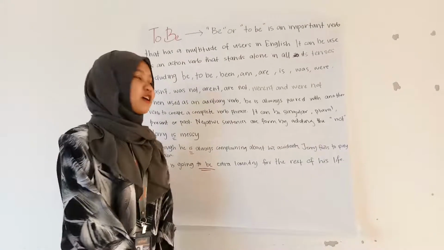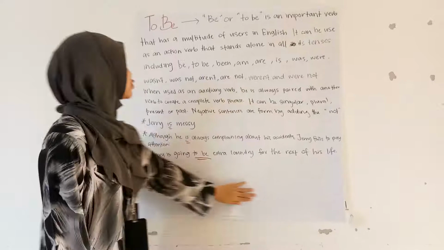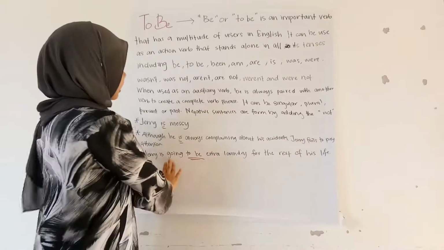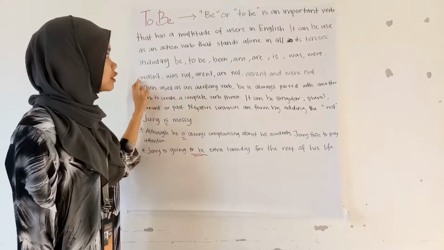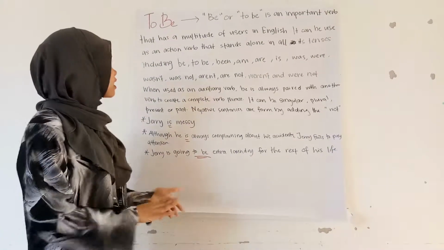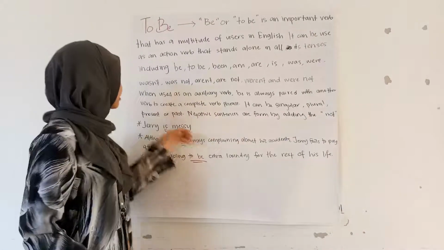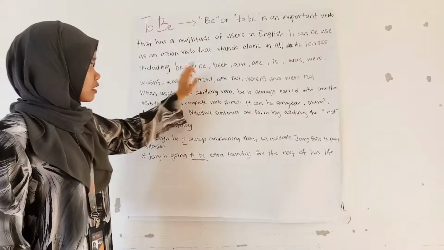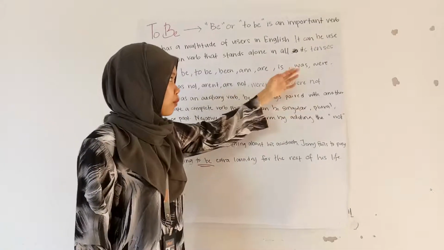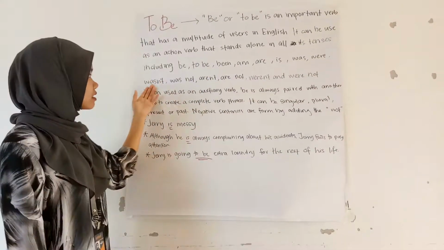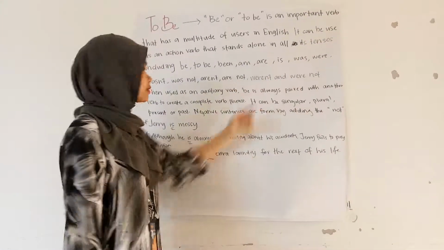So the next auxiliary verb is to be. Be or to be is an important verb that has a multitude of uses in English. It can be used as an action verb that stands alone in all its tenses, including be, to be, been, am, are, is, was, were, wasn't, was not, aren't, are not, weren't, and were not.